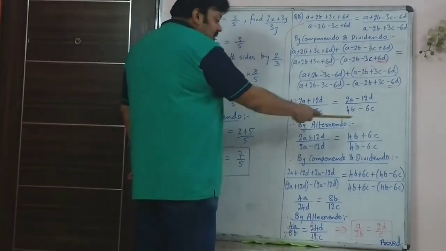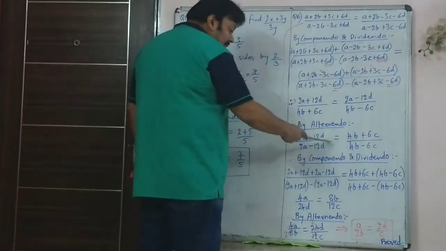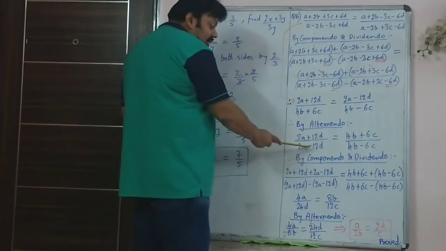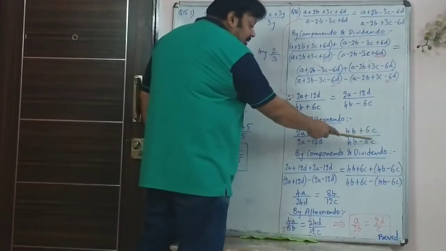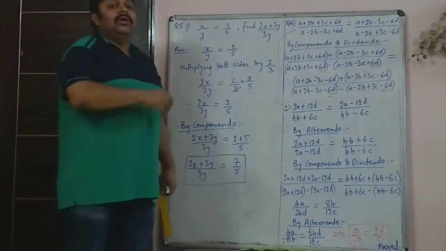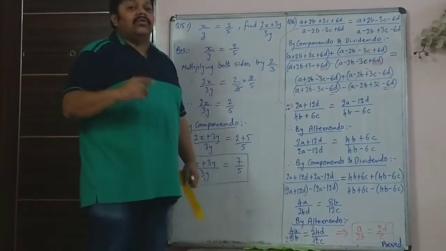So after I do this, by now if you see, same terms, only sign difference. Same terms, only sign difference. So that gets reduced by using a componendo and dividendo together.